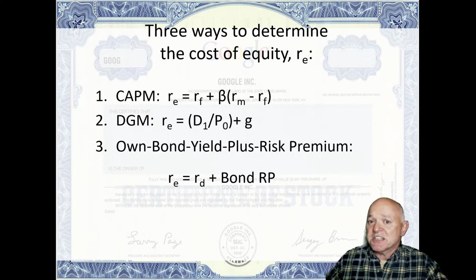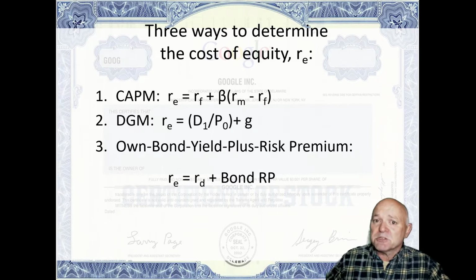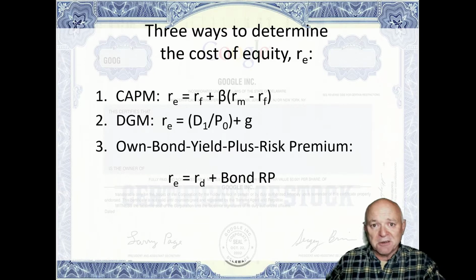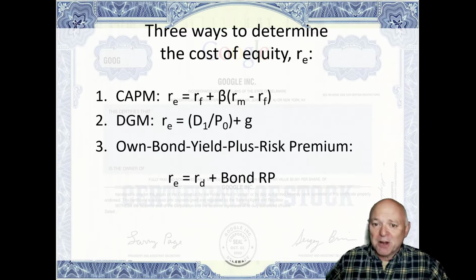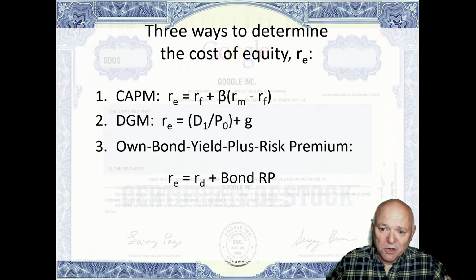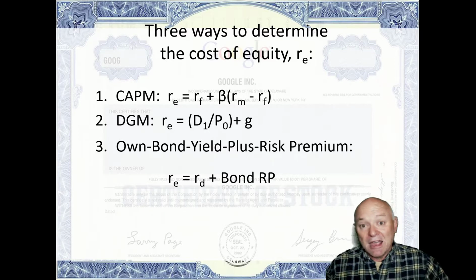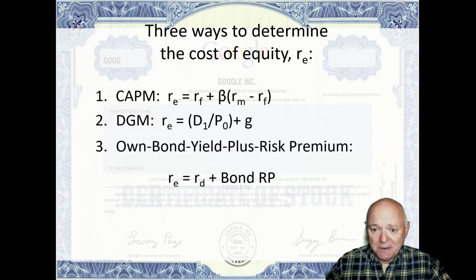Then there's the risky side of the investment: the market premium that we earn, RM minus RF, and the idiosyncratic risk, that beta. And so that's the best measure. We'll come back to that one in just a second.